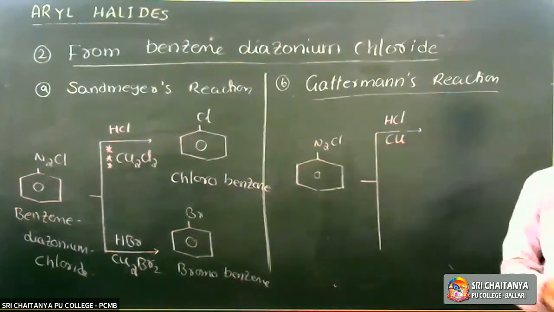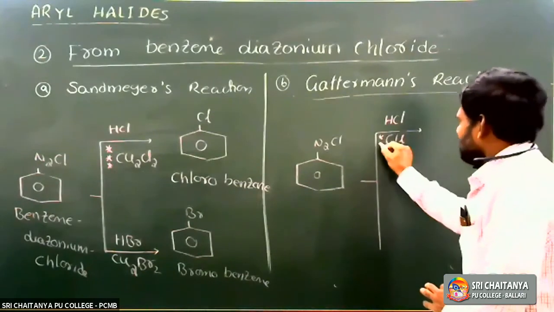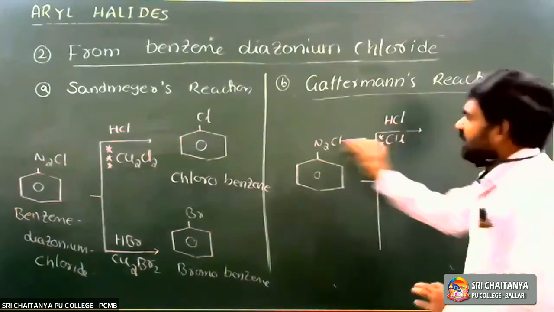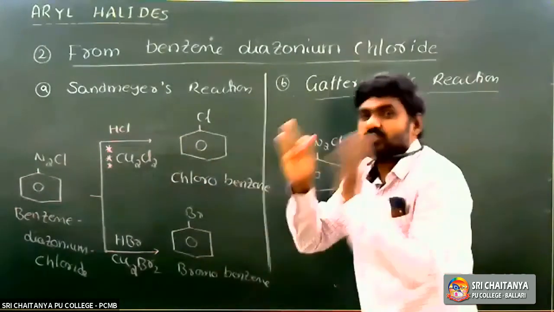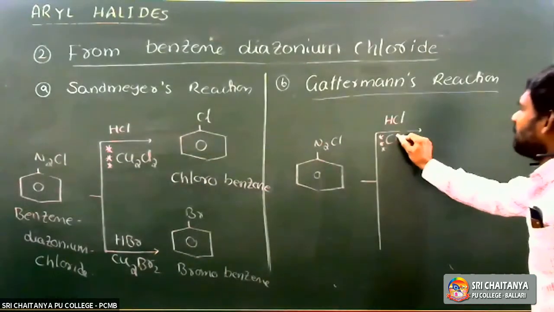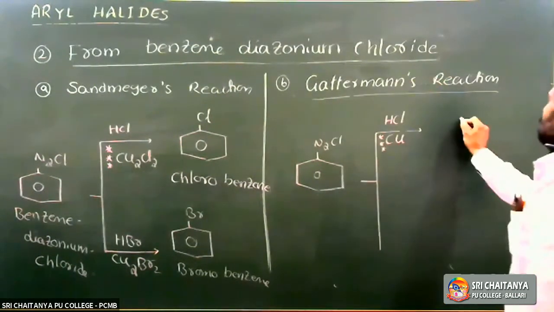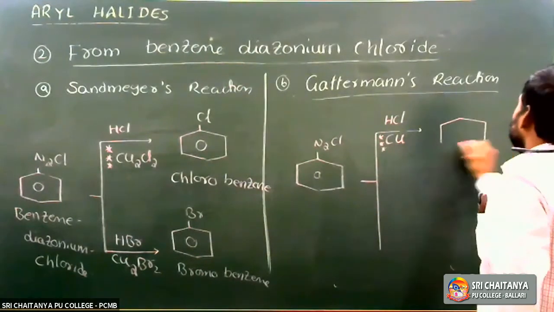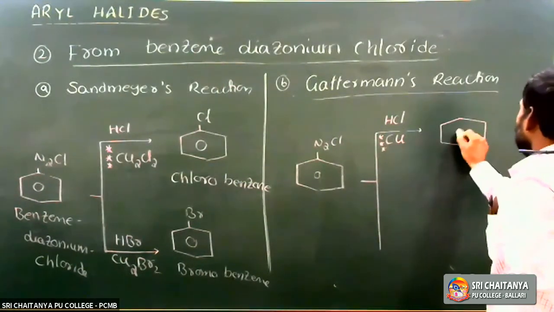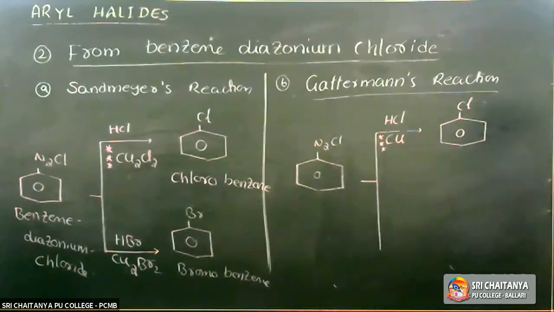That is important. So cuprous chloride is used, it is a Sandmeyer reaction. If you use copper powder instead, it is Gattermann reaction. Here also the same product is obtained, that is chlorobenzene. The difference is also important for public exam.